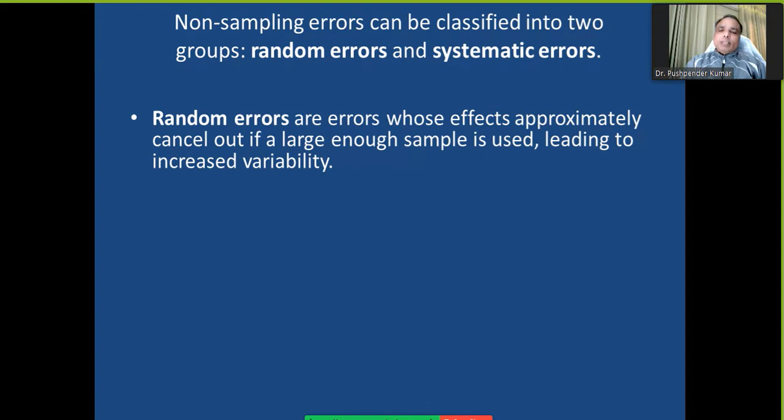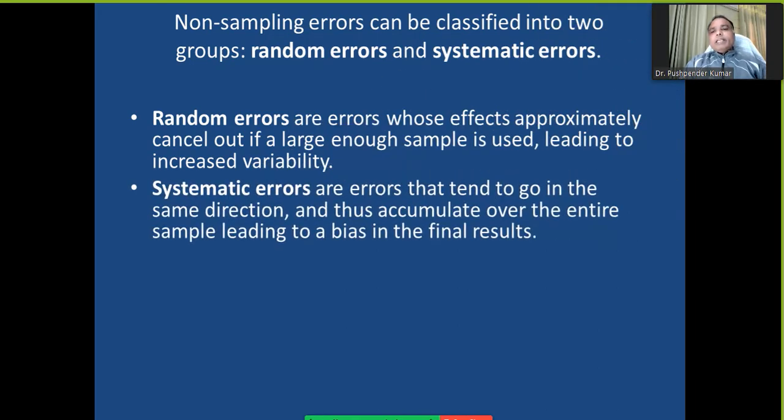So to minimize the errors that arise from non-sampling, because of not asking sufficient questions, or because people haven't given responses, you increase your sample size, your response size, and a large size will take care of this kind of problem.